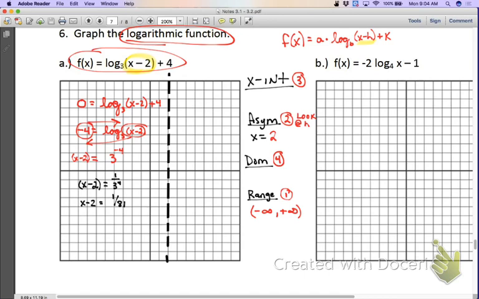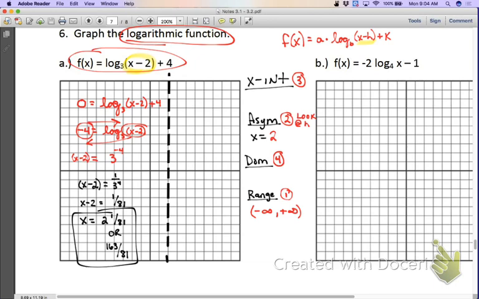So I still need to get x by itself. So how am I going to get rid of the minus 2? I'm going to add 2. So I'm going to have x equals 2 and 1/81st, or you could write it as 163 over 81. That's the same thing. Any of these would work.